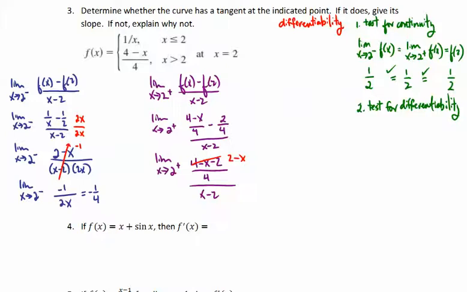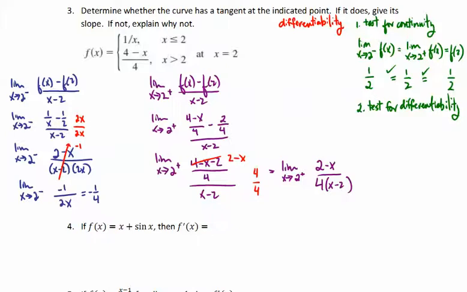All over 4. If I wanted, I can multiply numerator and denominator by 4. And we end up with limit as x approaches 2 from the right of 2 minus x over 4 times, sorry, that's 4 times x minus 2.